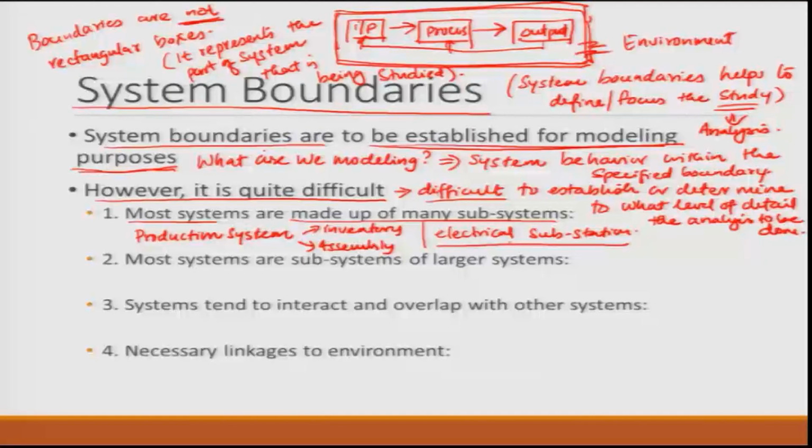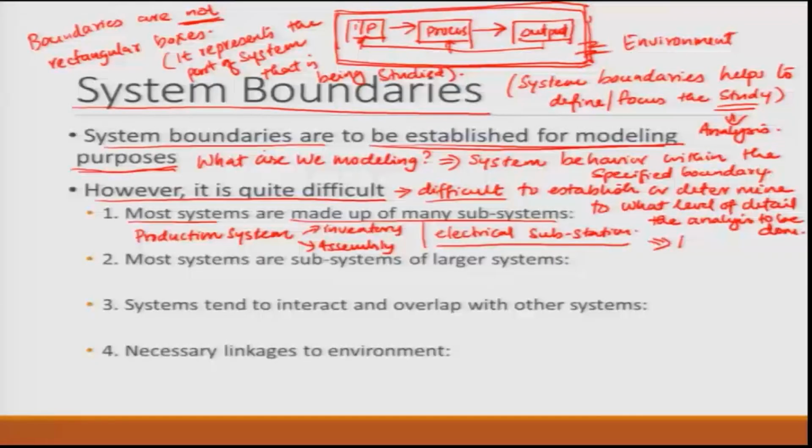So, because of these many subsystems, if your study is only focused on line balancing the assembly line to decide how fast the conveyor belt of the factory should move, so that the desired production can be reached, then studying the electrical substation is outside the boundary of the system.